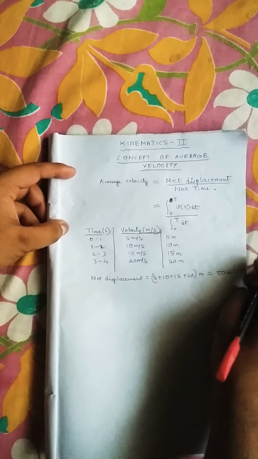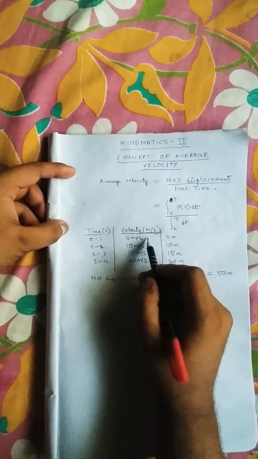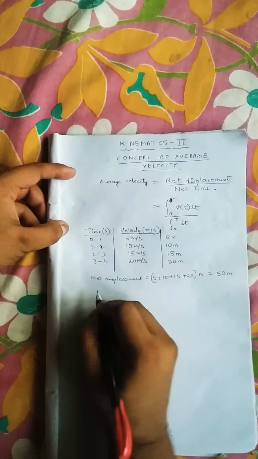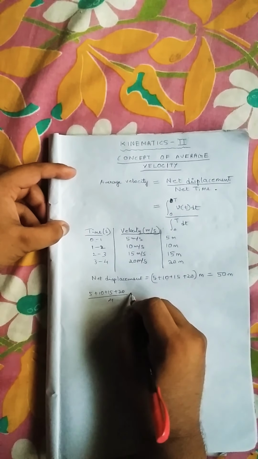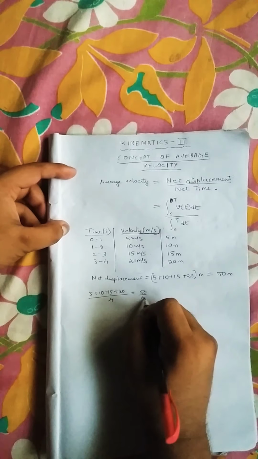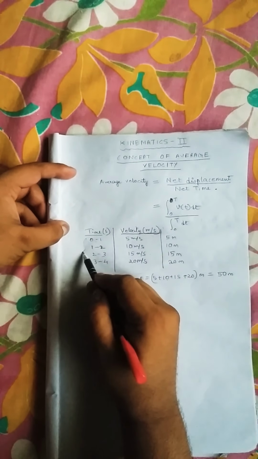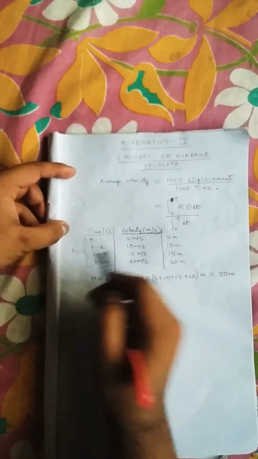Now you can see one thing. What is the average of these velocities? It is (5 plus 10 plus 15 plus 20) by 4. Simple. That is equal to 50 by 4. And what is the total time? Total time is 4 seconds.